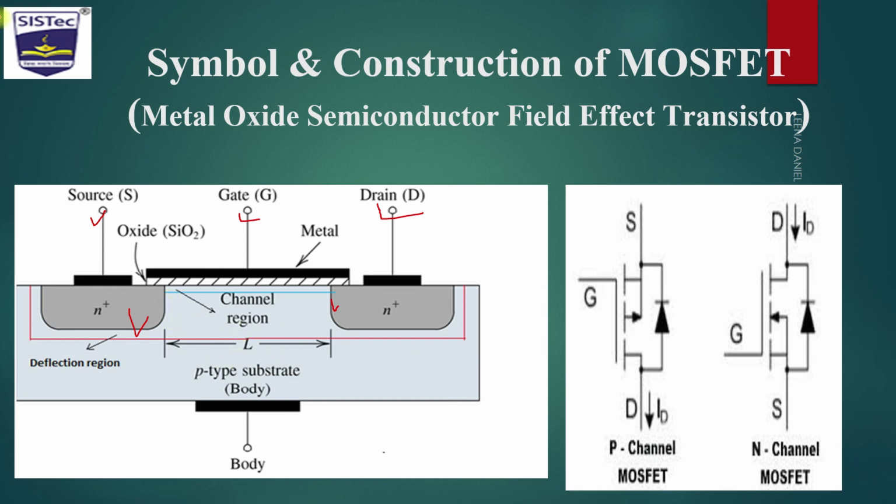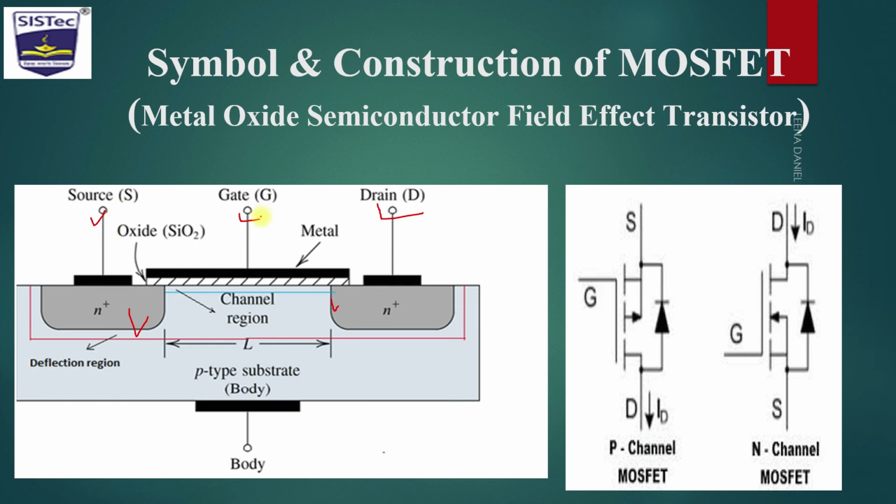To achieve this, we apply a positive voltage. We make the gate positive with respect to the source. Always see, we take the polarity of gate and drain with respect to source.